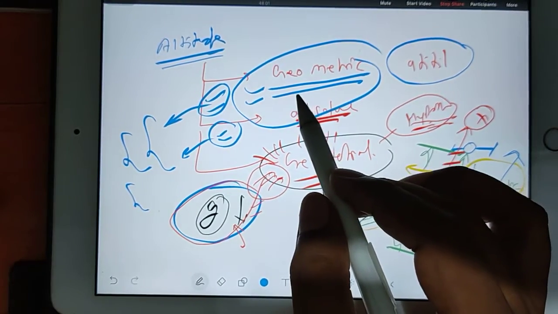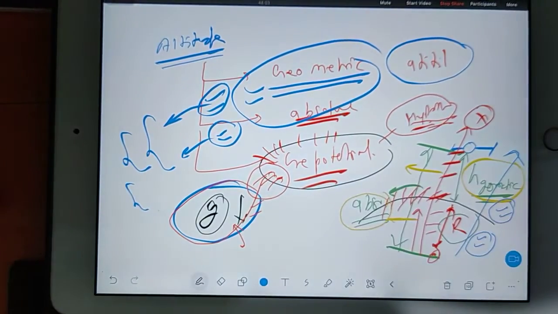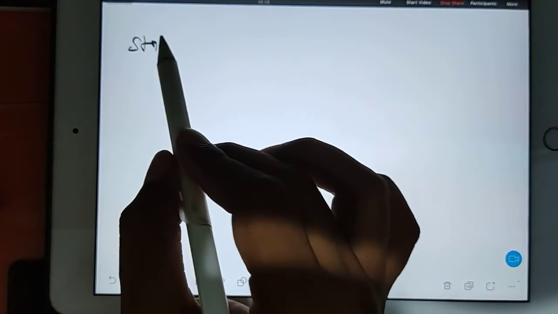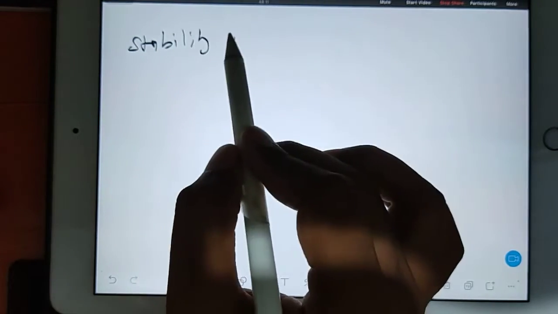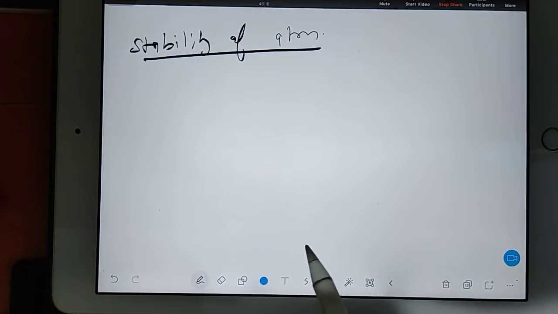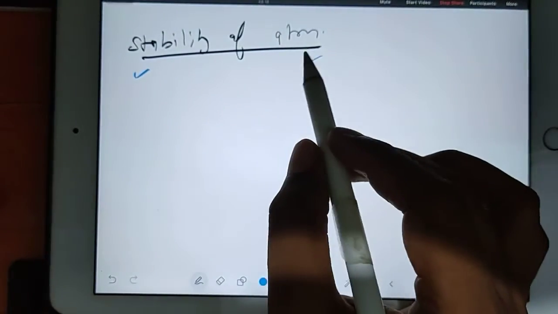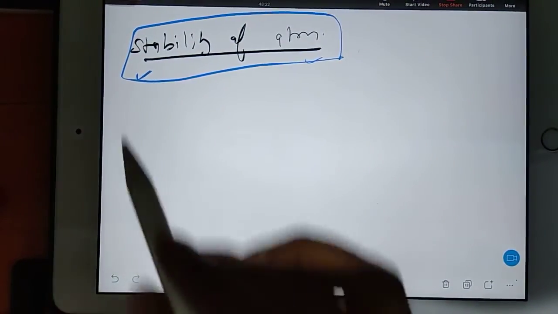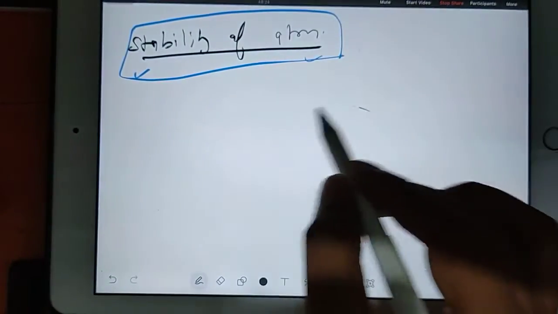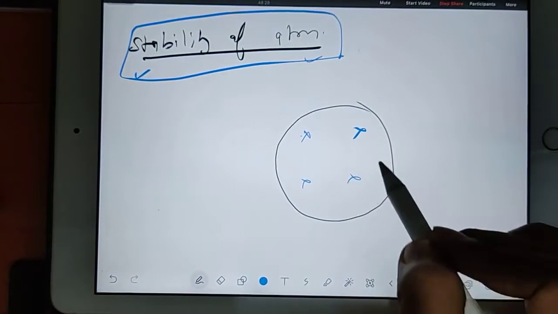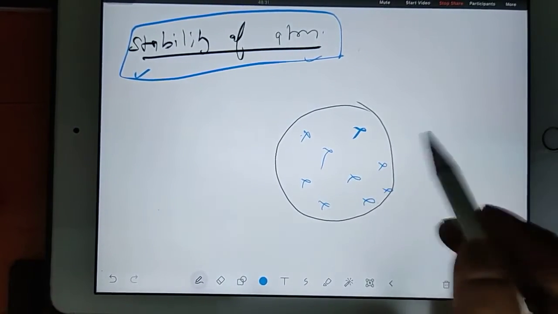Now we have to talk about stability of the atmosphere. Is your atmosphere stable or not? So what does it mean? To understand the stability of the atmosphere, you should understand that on the globe, at every position, you have atmosphere present.